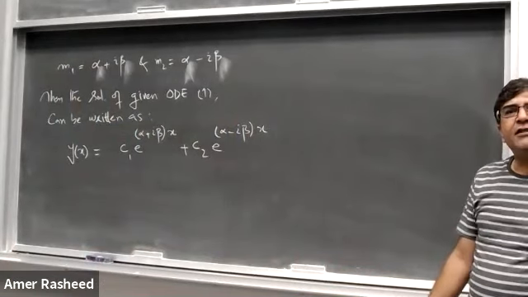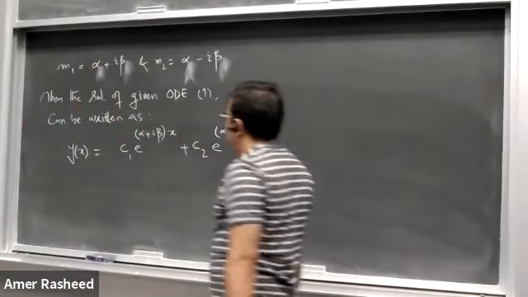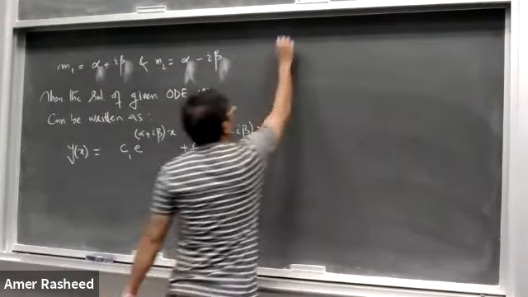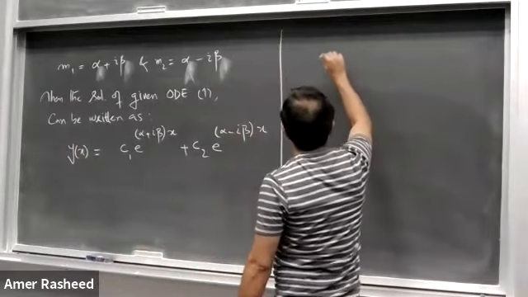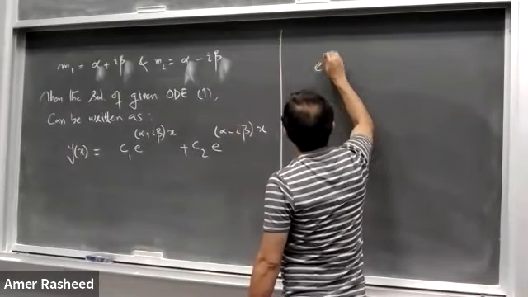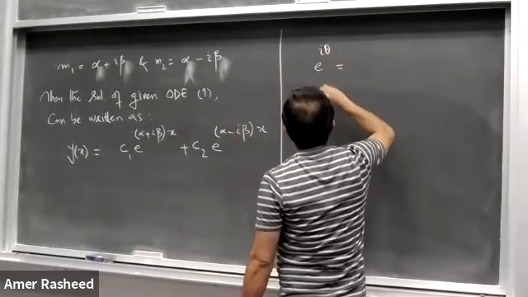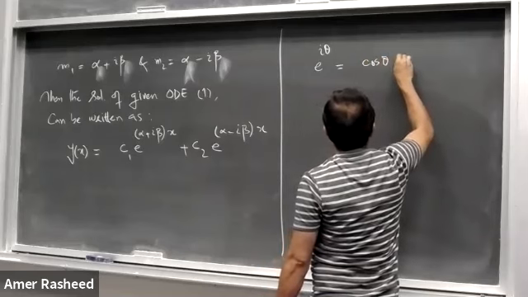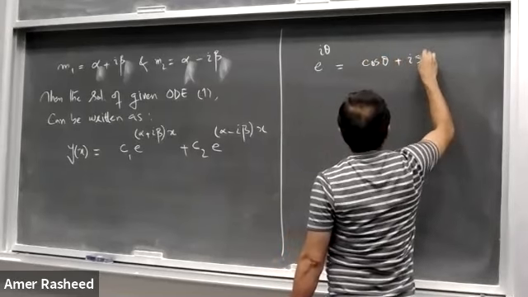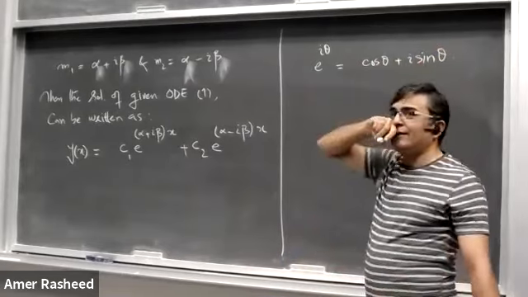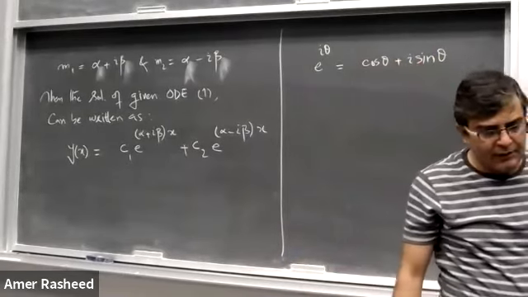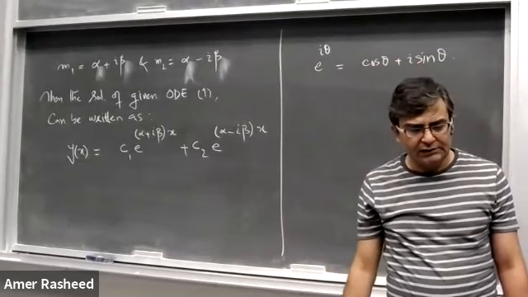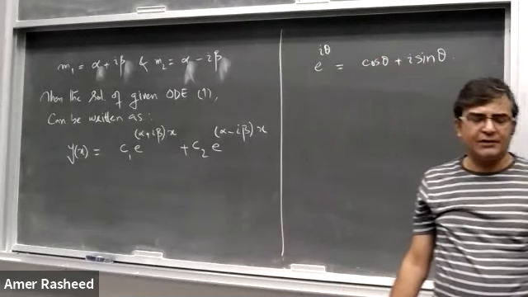Now this solution can be further simplified by using the identity e to the power iota theta is equal to cosine of theta plus iota sine of theta. You must have studied this identity in your A-level or intermediate mathematics.